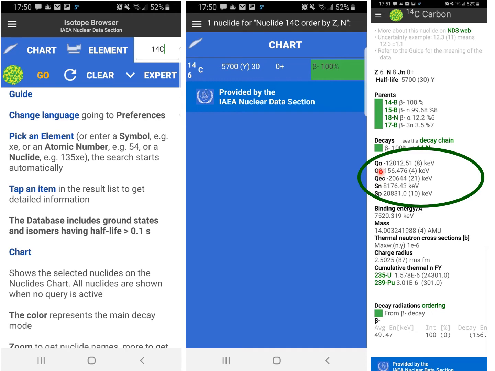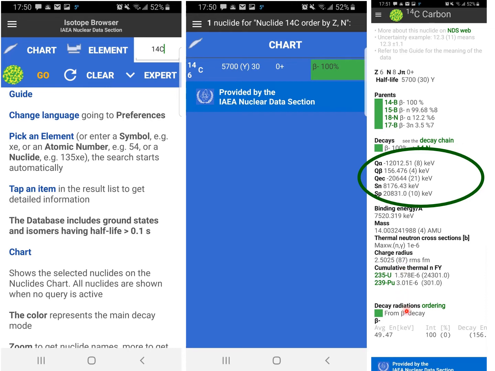So you can calculate the Q alpha, the Q beta, the Q electron capture. These are neutron and proton separation energies. There are binding energies, masses, cross-section information.